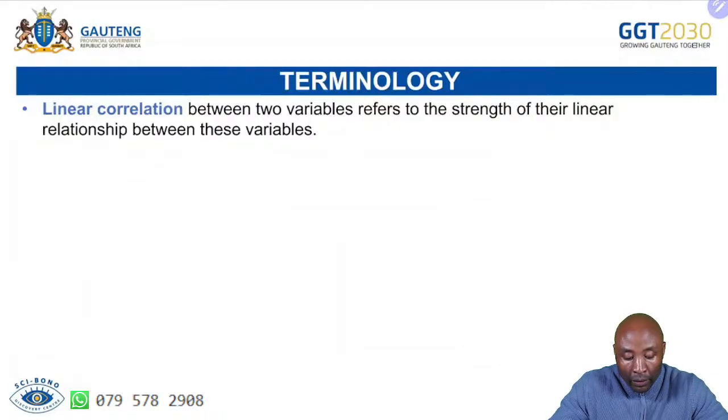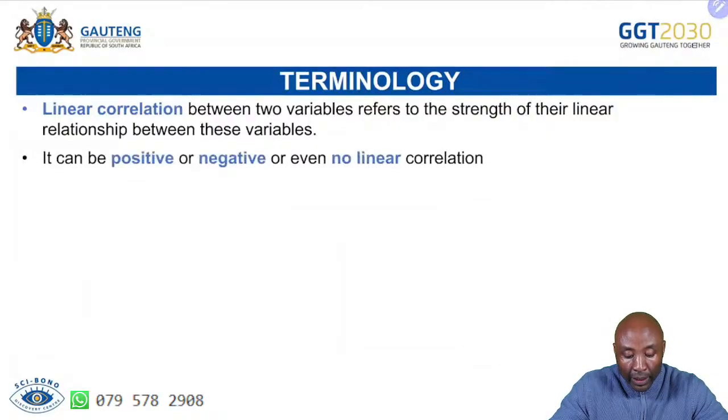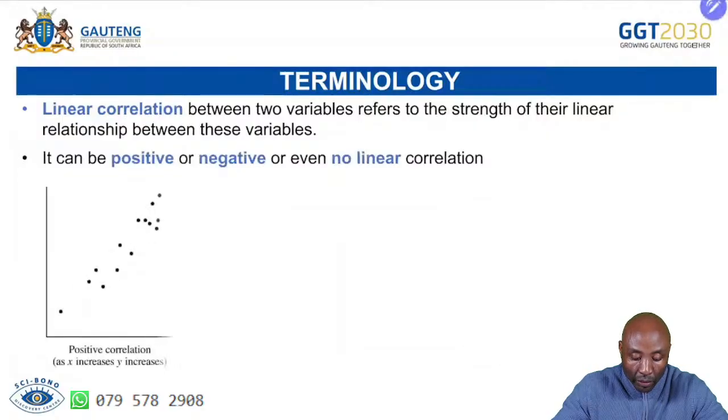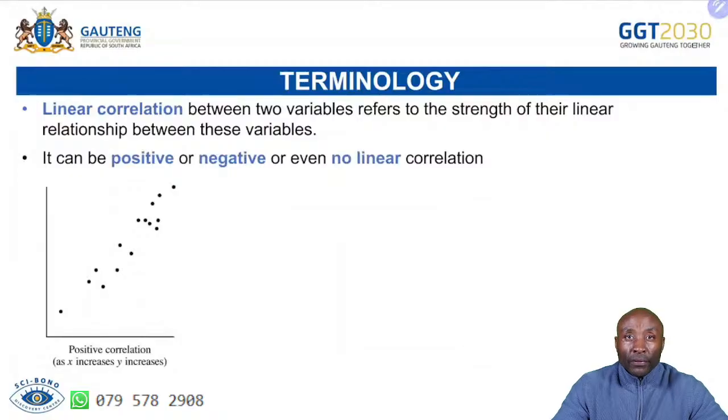Now, we have the correlation for the linear trend. It can either be negative or positive, or it can be a non-linear correlation where we fail to draw a line of best fit. The points will just be scattered all over. If you check, you will observe that our points on the scatter plot seem to be increasing from left to right, and we say it's a positive correlation.